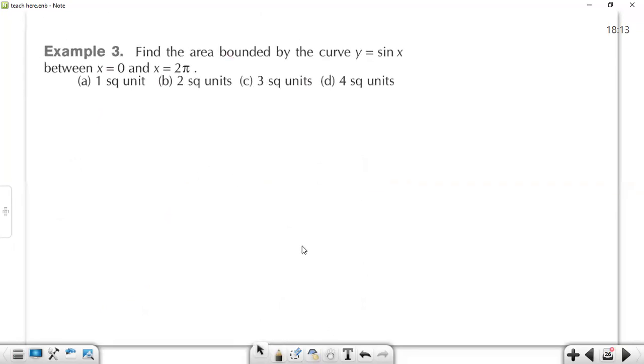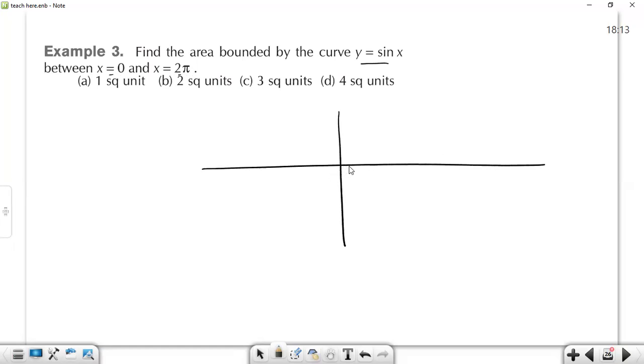So we have to find the area bounded by the curve y is equal to sine of x. And before that, let me also explain one more thing: whenever we have to find an area, let us consider there is a curve of this sort, and we have to find the area of the shaded region.